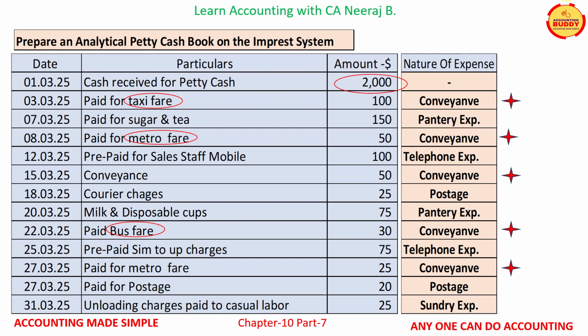Similarly, petty cashier has paid pantry expenses, telephone expenses and postage expenses 2 times in the month of March 25. And an expense of unloading charges, which is not recurring in nature, is classified as sundry expenses. Let us see how these petty cash expenses will be recorded in the analytical cash book in the next slide.